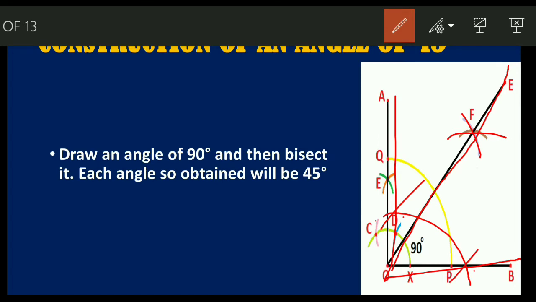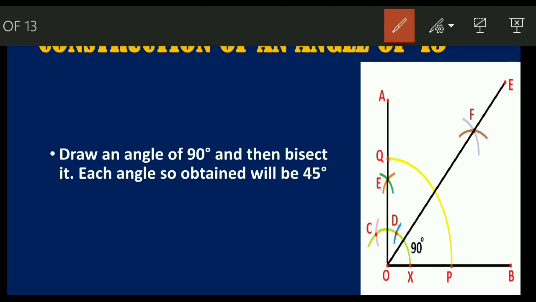That means it divides the angle into 2 equal halves. So angle AOF is 45 and this angle is also 45. So therefore we can draw first 90 degree and then bisect the angle to get the 45 degree. For that you have to draw the arc.